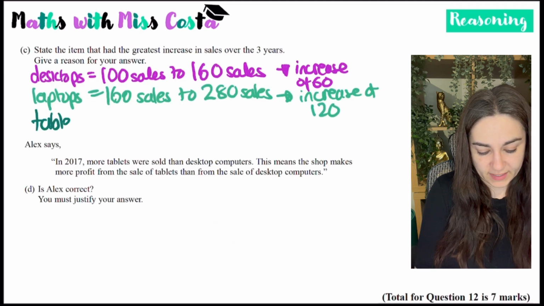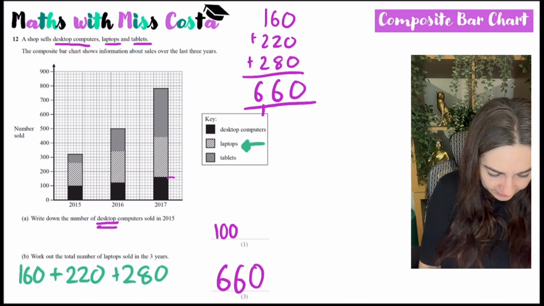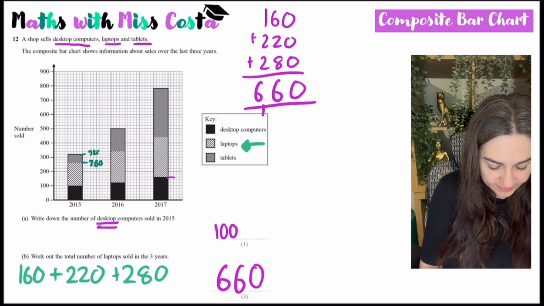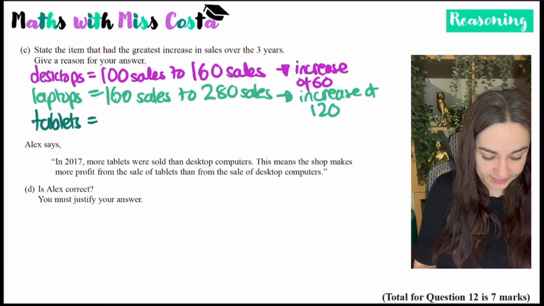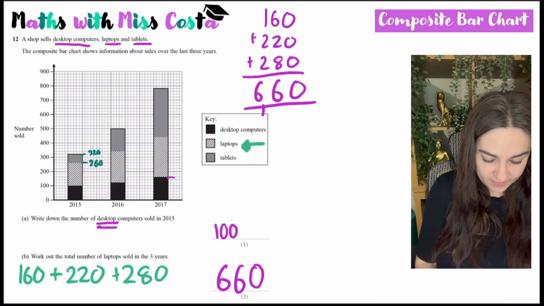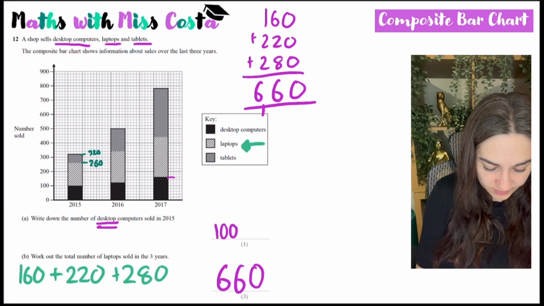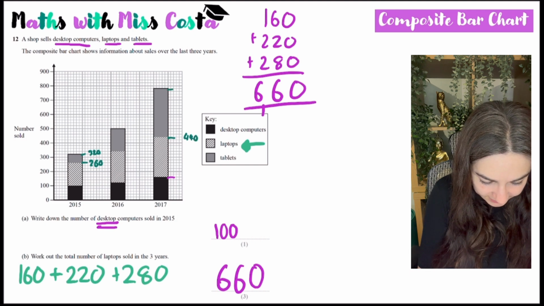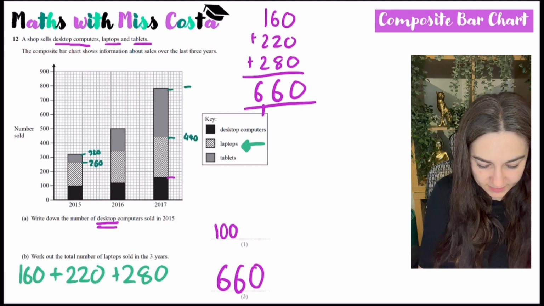In 2015, we're going to have to work it out. So it starts at 200 and 260, and it goes to 320. So it started off with 60 sales in 2015. And then by 2017, it goes from 440 to 780.